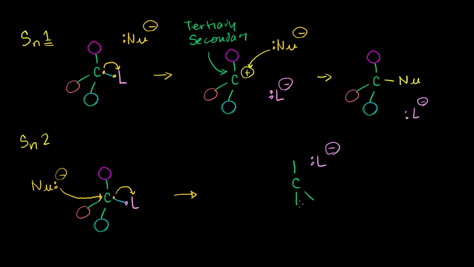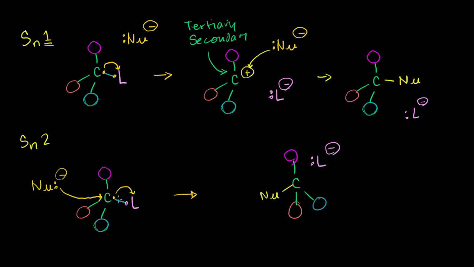Let me draw it so you see what I'm talking about. So the blue thing and then the purple thing. And then the nucleophile had come from the other direction, so now it's also bonded to the nucleophile. The nucleophile is giving an electron, so it loses its negative charge. And essentially, the negative charge gets transferred to the leaving group, which is able to take an electron, and then that carbon in the middle stays neutral.